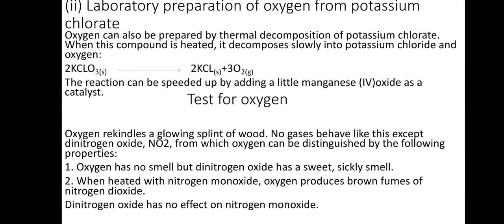The second is that when mixed with nitrogen monoxide, oxygen produces brown fumes of nitrogen dioxide, while dinitrogen oxide has no effect on nitrogen monoxide. So the test is only that oxygen rekindles a glowing splint of wood.